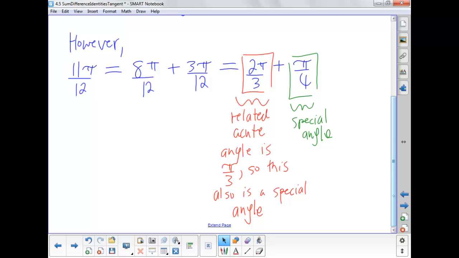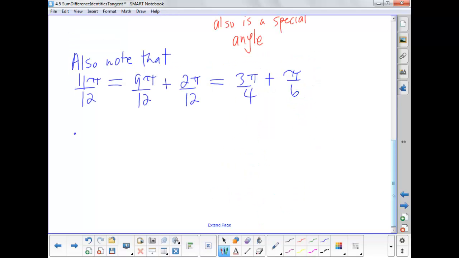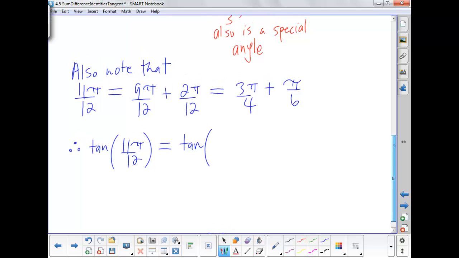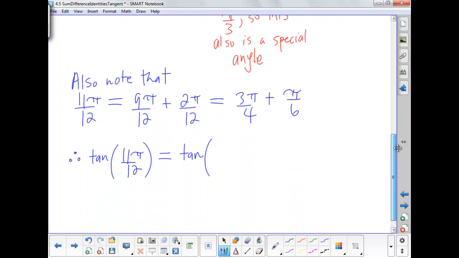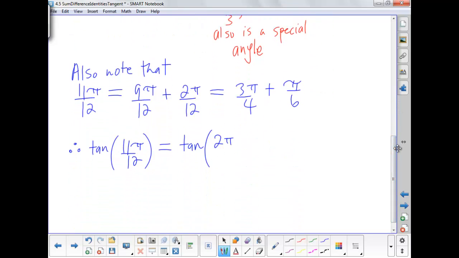for tangent. What we would be able to conclude, so we're going to say, therefore, tangent of 11 pi over 12, that will simply be equal to tangent of, and keep in mind what our angle split was going to be, 2 pi over 3 plus pi over 4. And now what we'll do is we'll actually use the identity we just established a few minutes ago.